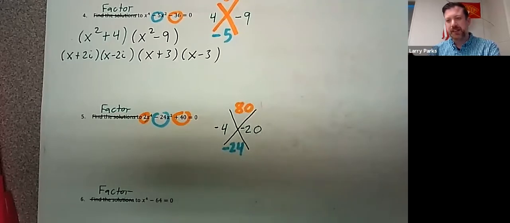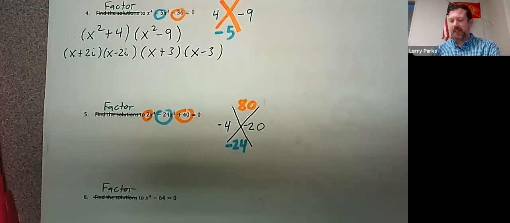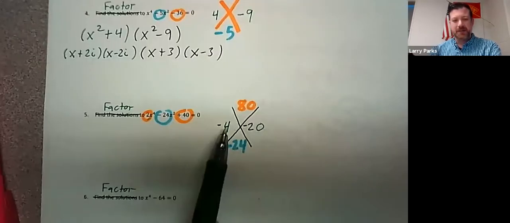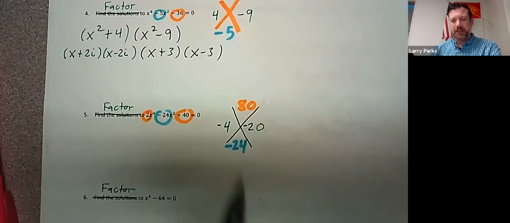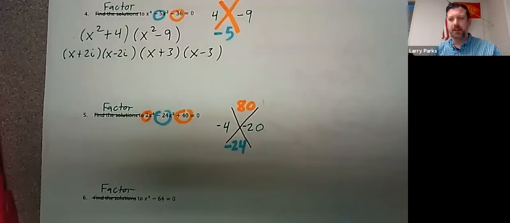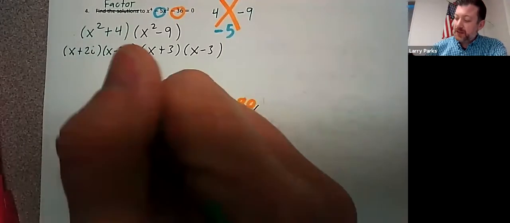Okay. Now from there, normally I would put x squared minus 4, x squared minus 20, but because we have that leading term, we have an extra step. And I'll remind you of the extra step, okay? So we would do x squared minus 4.